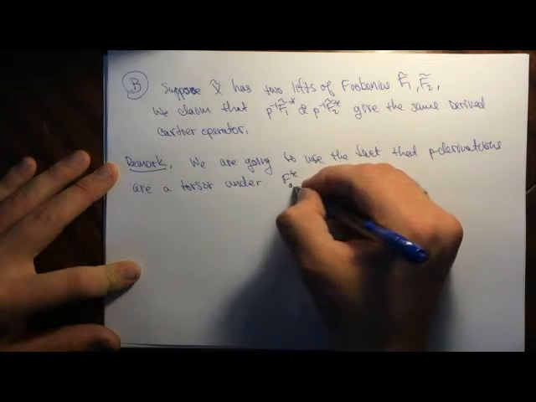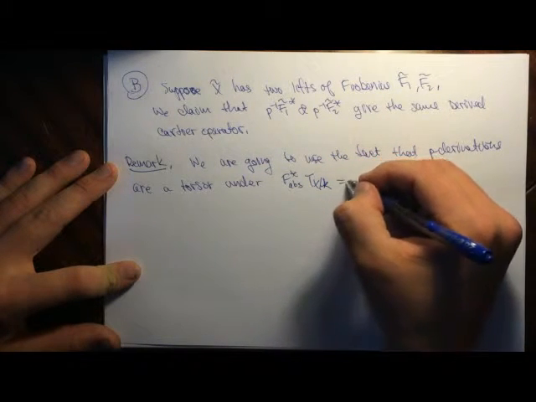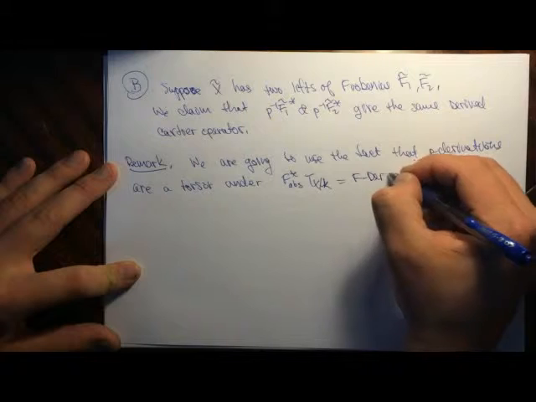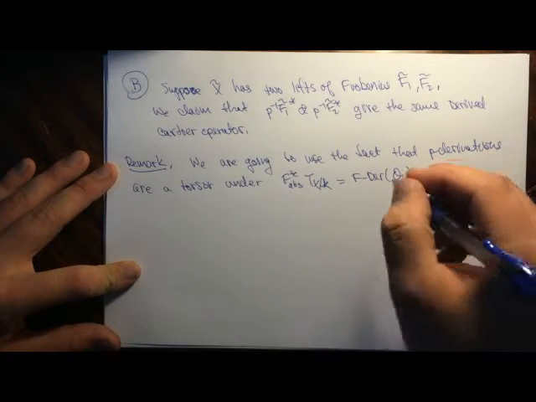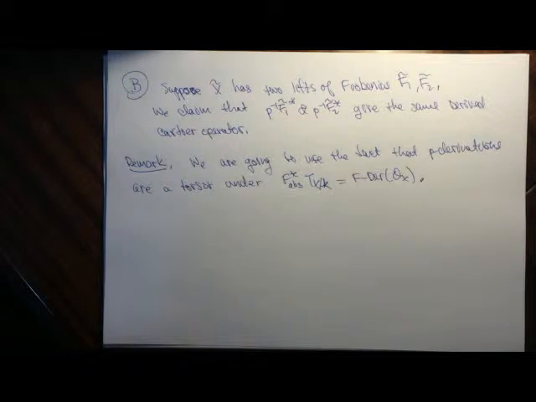So maybe this is the absolute one. This is the sheaf of derivations here, and another way of writing it is that this is like the Frobenius linear derivations. Okay, so let me do this real quick.